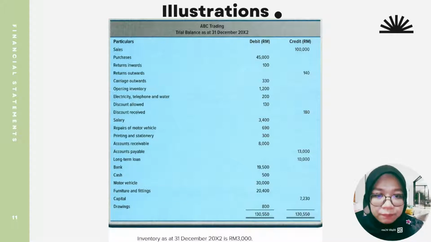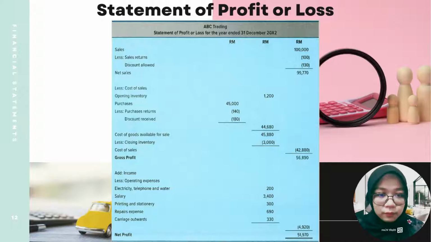And then the figures for account receivable, account payable, long-term loan, bank, cash, motor vehicle, furniture, capital, and drawing should go to the statement of financial position.